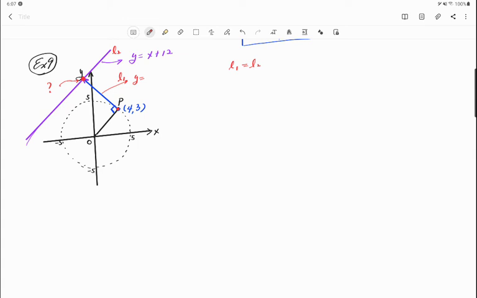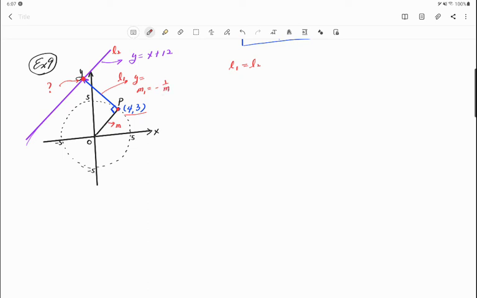In order to find line 1, we need a point and the slope. The blue line is already passing through this point, so we need to find the slope. The slope of line 1 should be the negative reciprocal of the slope of the black line, since it is perpendicular to it.